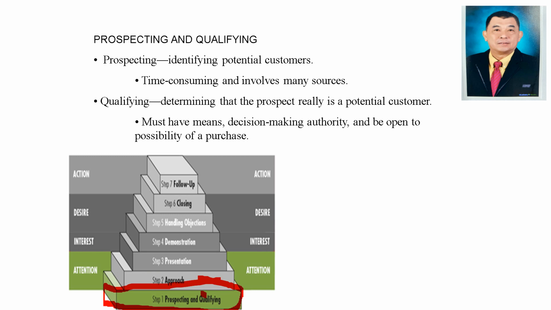There are two basic factors: willingness to buy and the capacity to pay. If those two variables are present, we can consider them a prospect. If one variable is absent, we can just consider them a suspect.